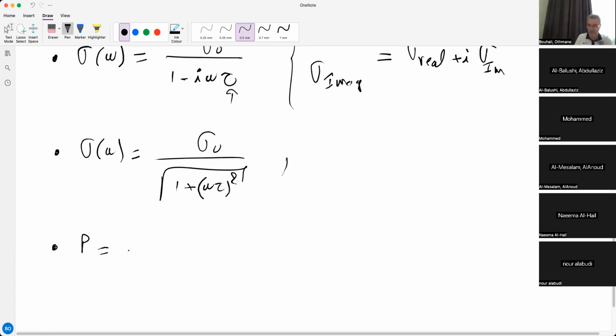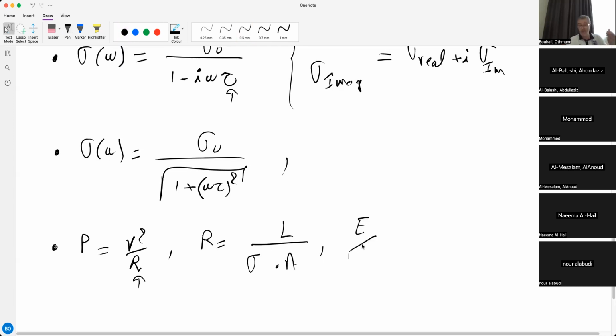We started from the fact that the power is V squared over R, and the resistance is equal to L, the length of the cable, divided by its conductivity times the area, the cross section, and also the electric field that is applied to the material, and the electric field is equal to the potential difference divided by L.